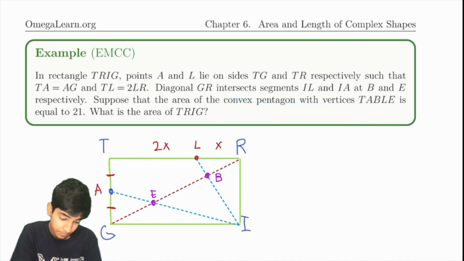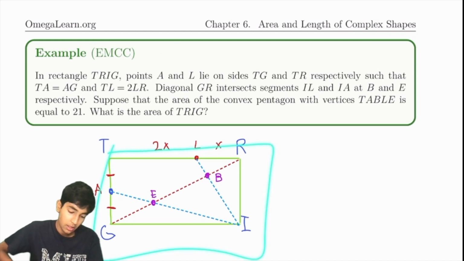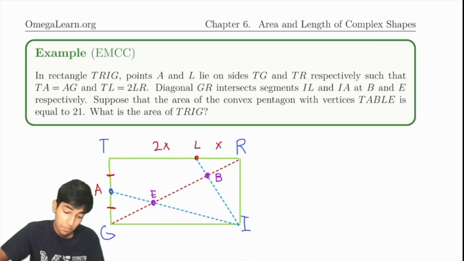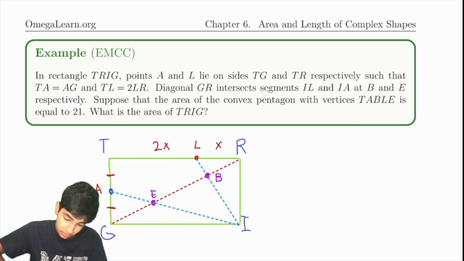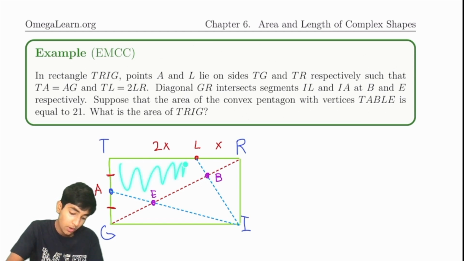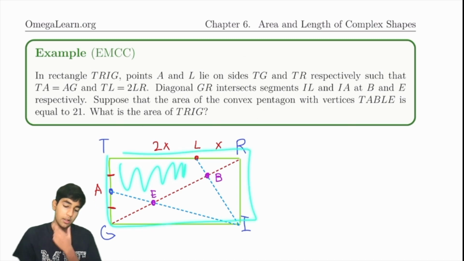Okay, and we're asked to find what is the area of TRIG, which is the entire rectangle. So TABLE is this pentagon here. And we're asked to find that if this area is 21, find the area of the rectangle.